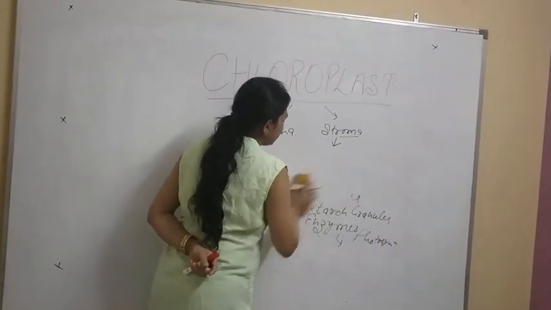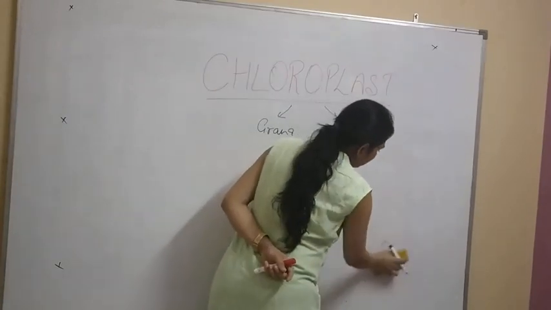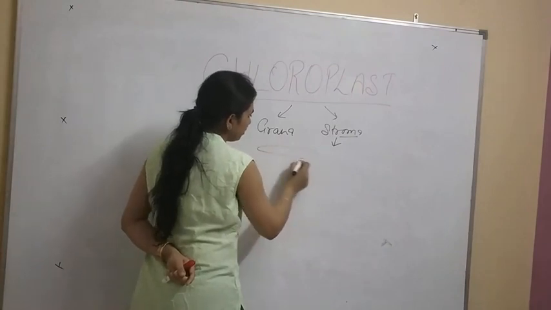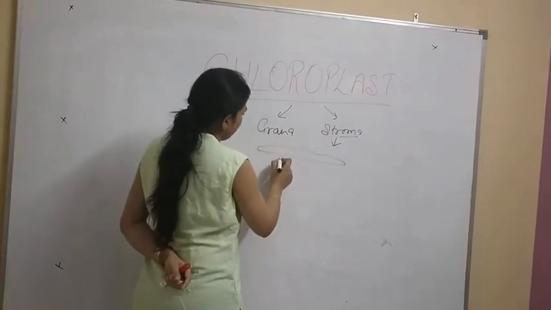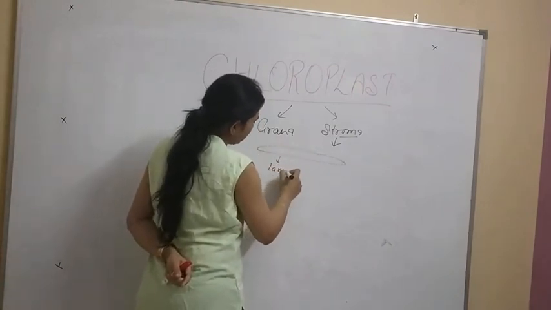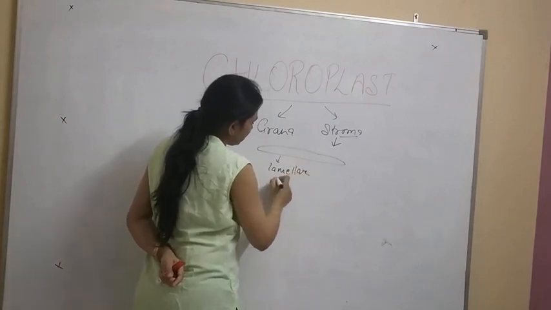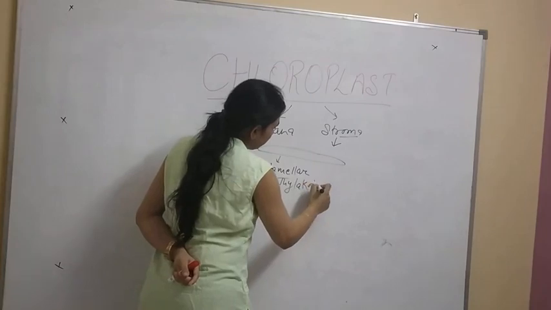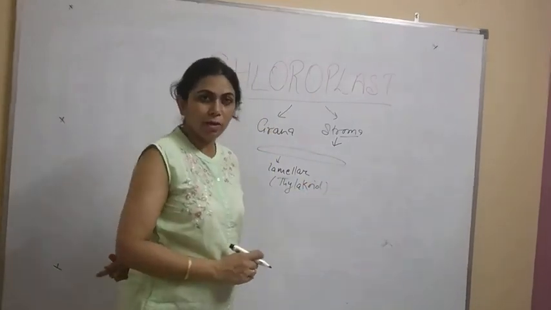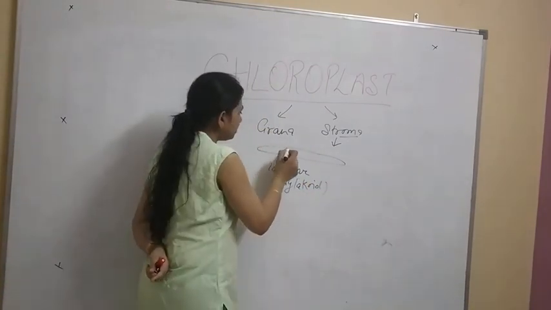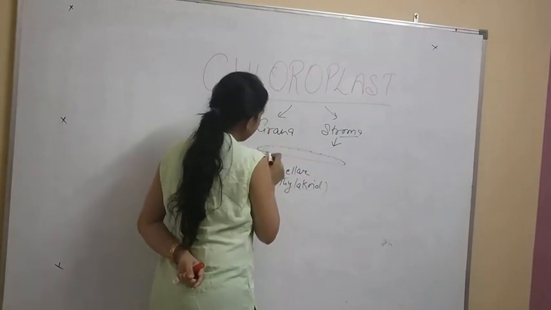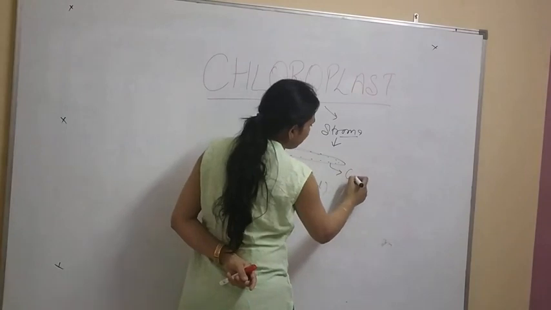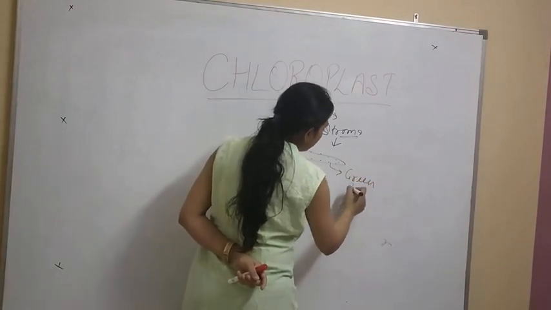Now what is grana? In grana there is a lamellar structure. For this we use the term thylakoid. Singularly we call it thylakoid. In this thylakoid a green color pigment is present, and that green color pigment is known as chlorophyll.